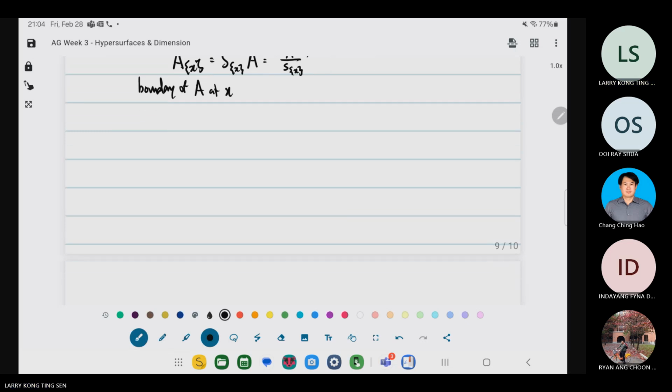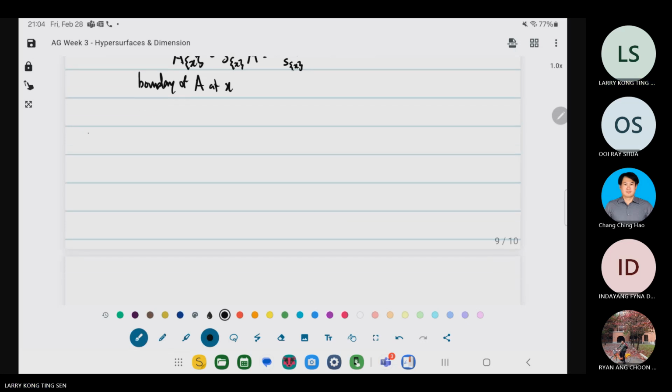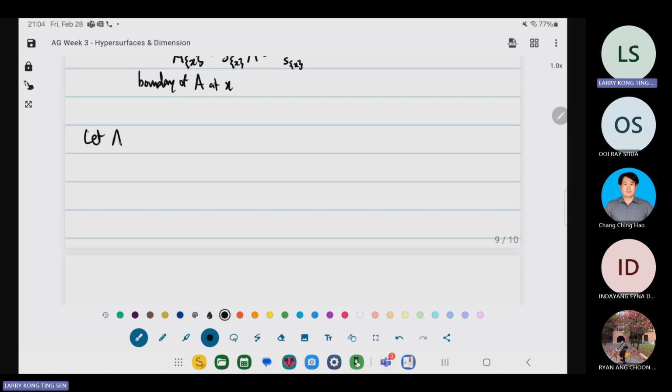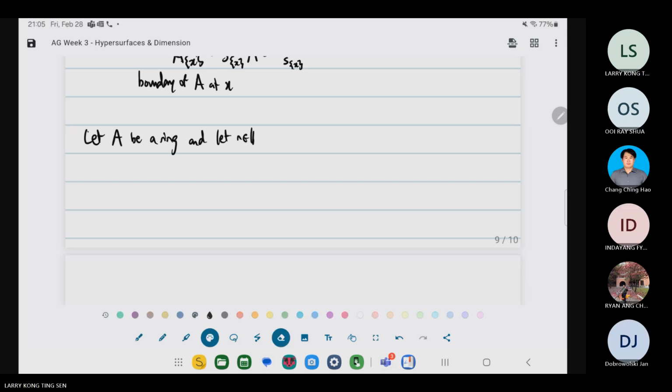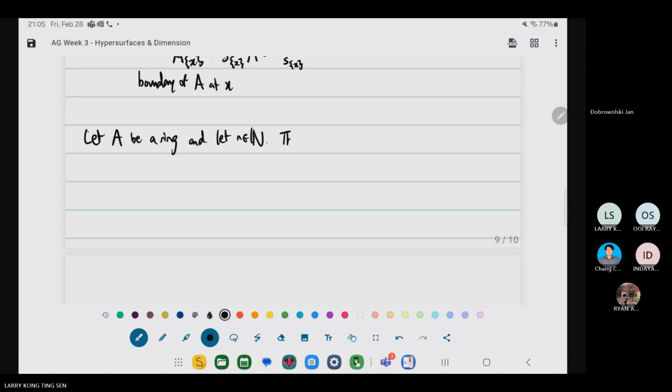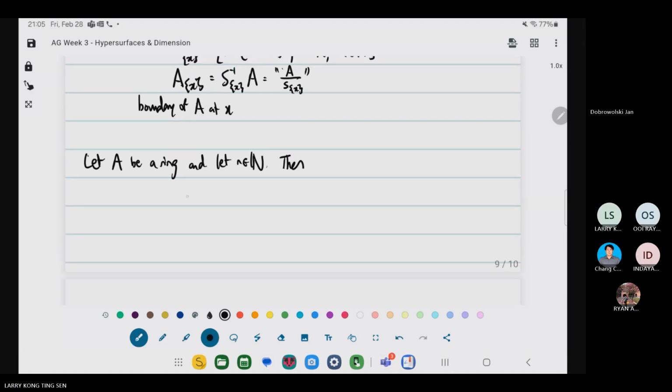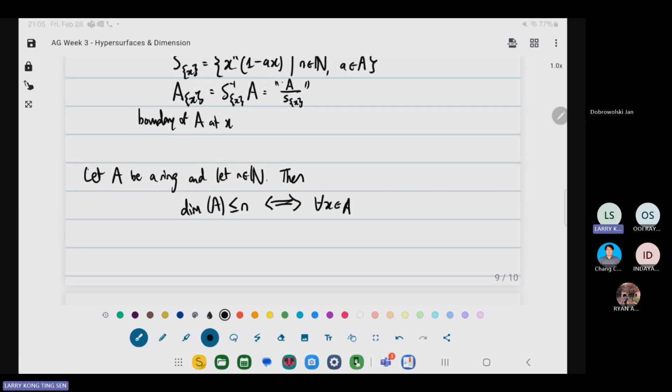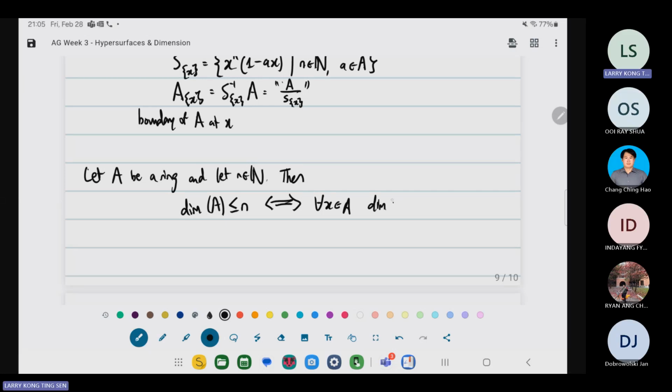That is, if we let A be a ring, then it turns out that the dimension of A is less than or equal to n if and only if for any x in A, the dimension of this localization A_x is less than or equal to n minus 1.